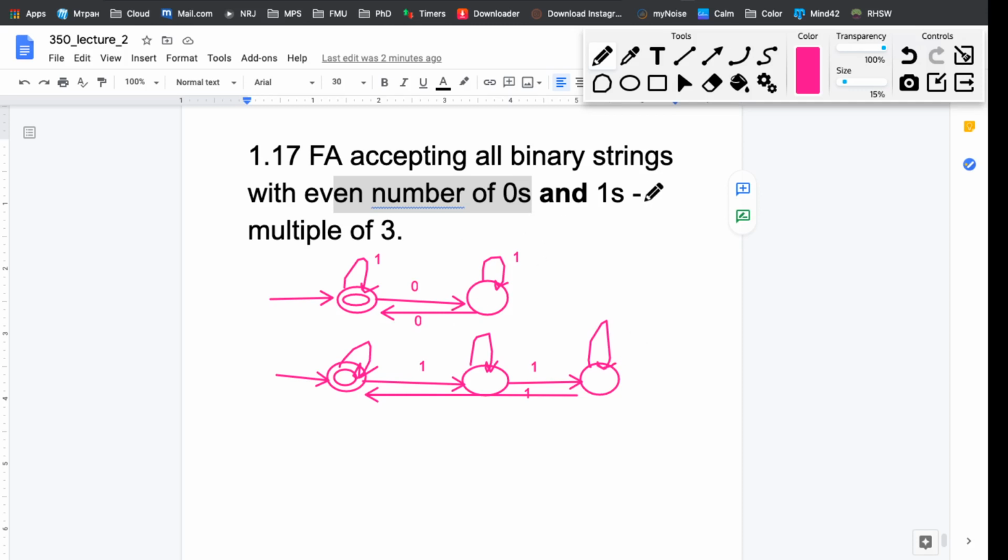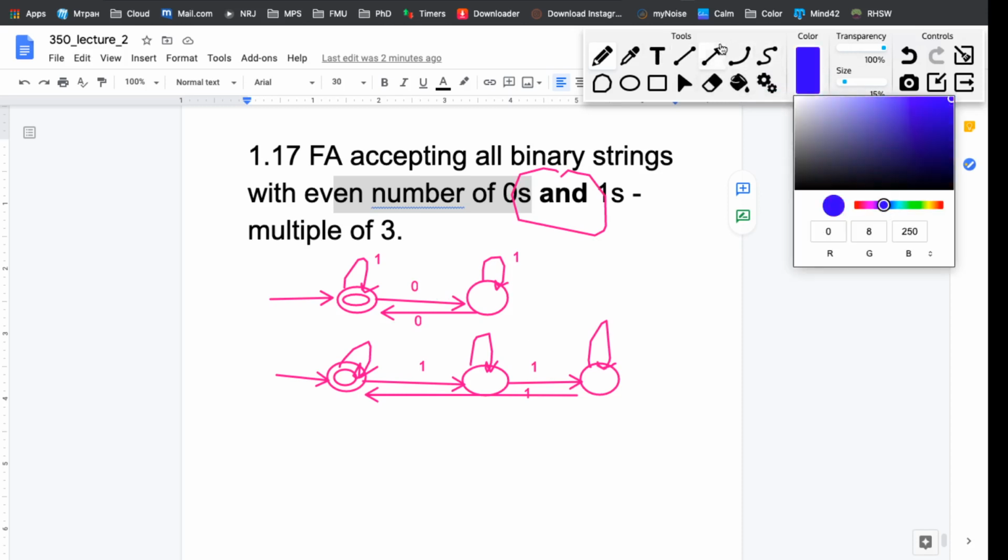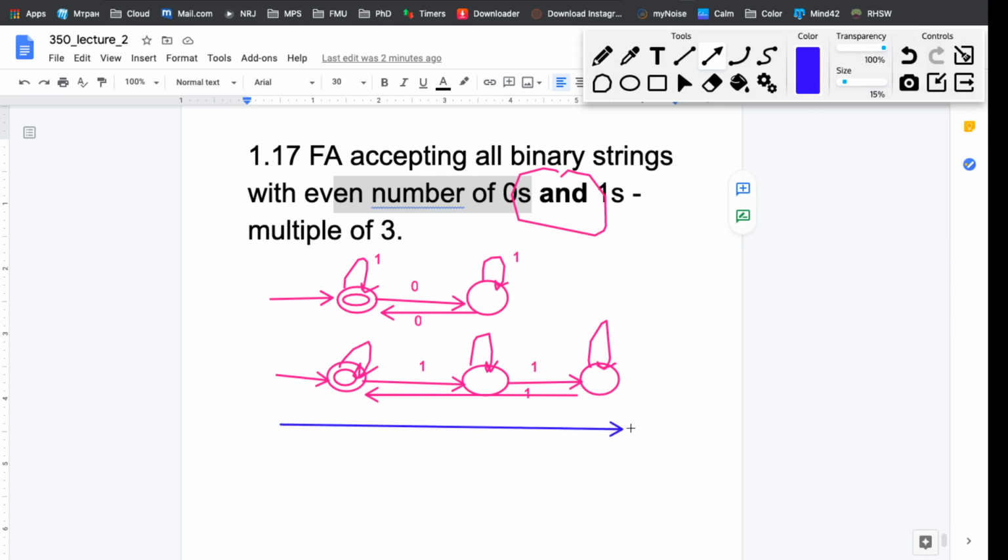And now we need to combine them together. And whenever it says and, that usually means that we need to kind of multiply them by each other. Not sure if it makes sense, but basically we're going to have one axis, another axis, and then we're going to create a table, in this case 3 by 2.